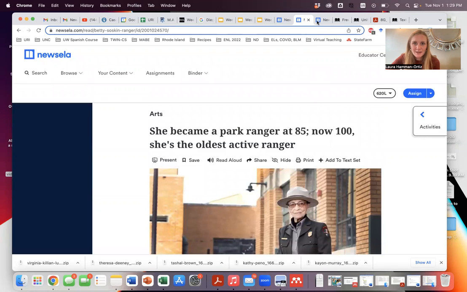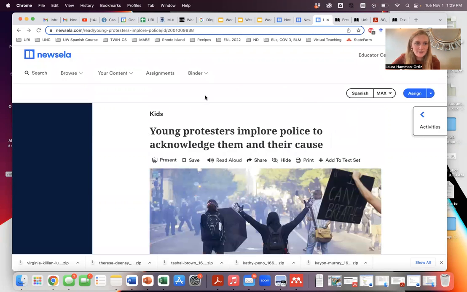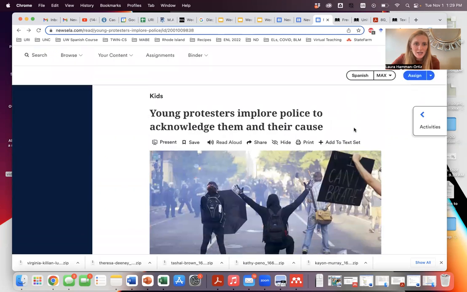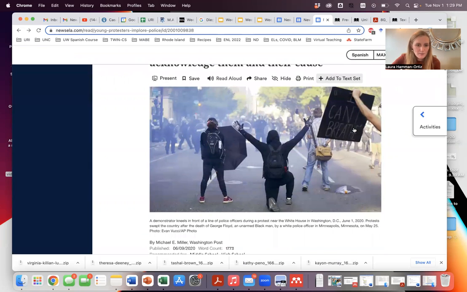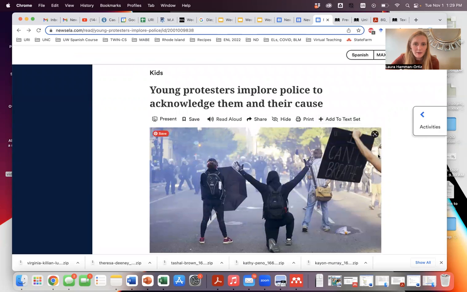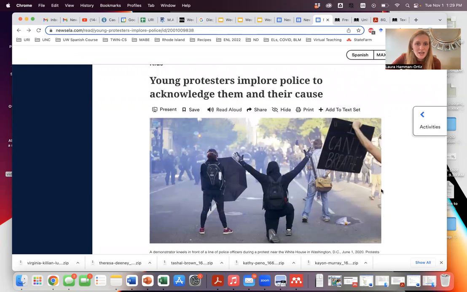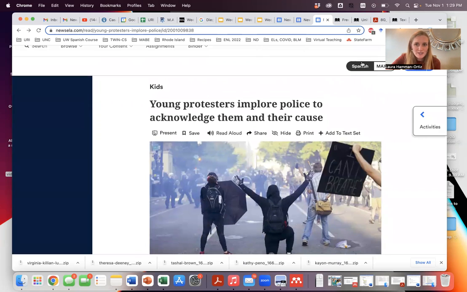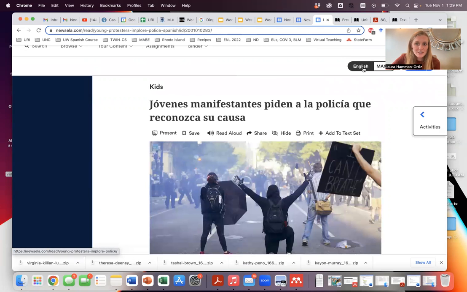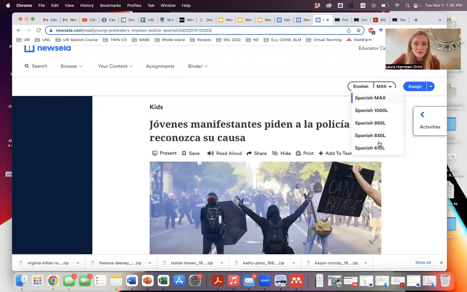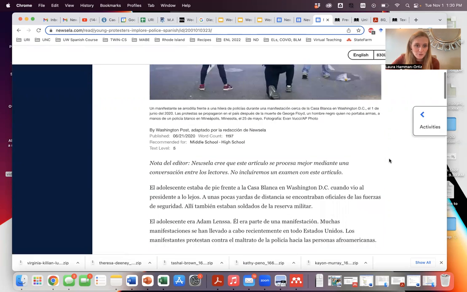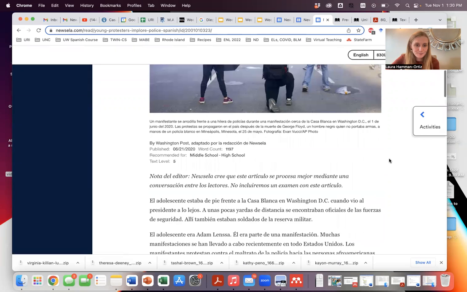And one other great thing about Newsela is that a lot of the articles are also available in Spanish. So this is one example from 2020, talking about the Black Lives Matter protesters. And here you can see that there's an option to change this article into Spanish. And you can even change the lexile level in Spanish too, to make the article more accessible to students whose home language is Spanish.